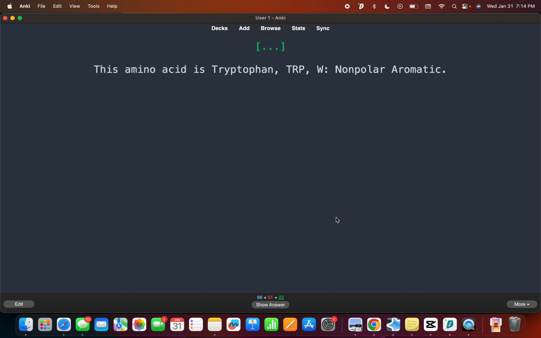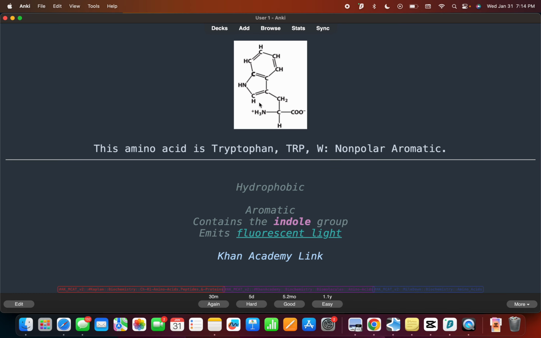Amino acid tryptophan, W, TRP, nonpolar. It's the 6-ring phenyl group attached to the 5-ring nitrogen on the side. And then the second carbon attached to the nitrogen is attached to the carbon, which is attached to the backbone amino acid.